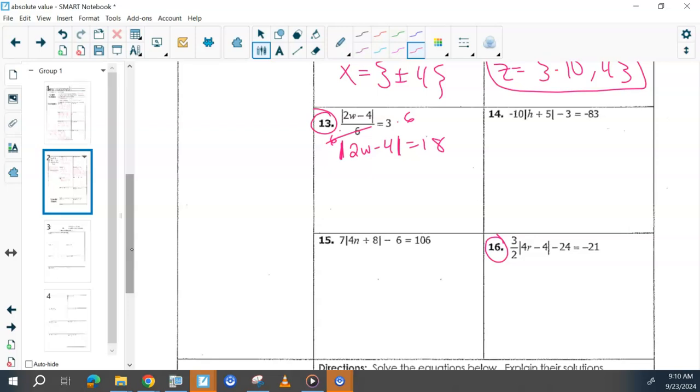Someone started to say something, I just couldn't hear what you were saying. Okay, take out the absolute value and do what with that? I didn't hear that. Say that again.